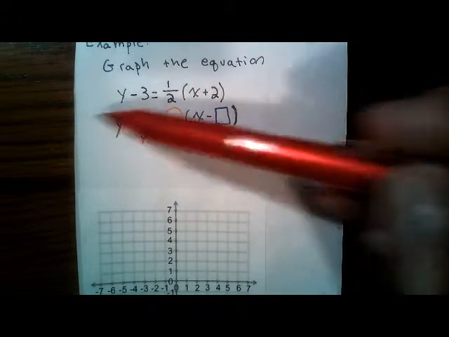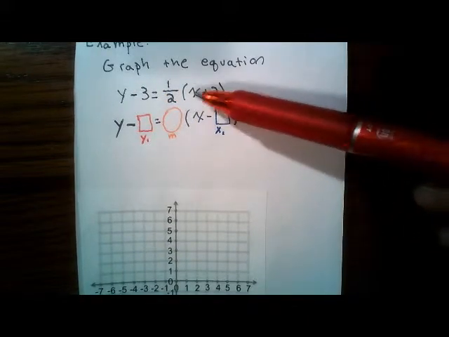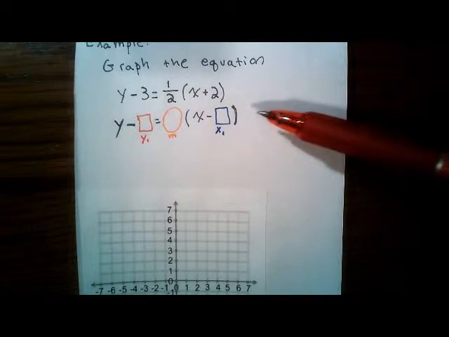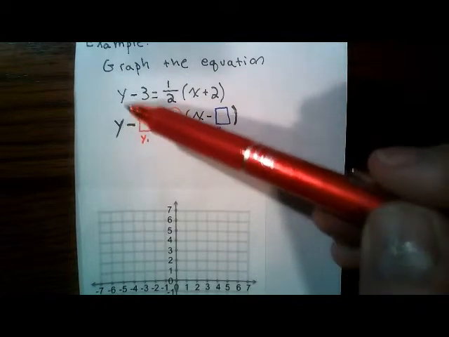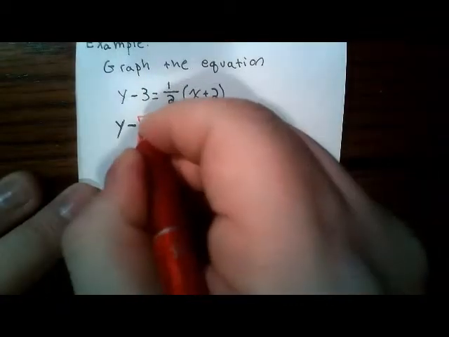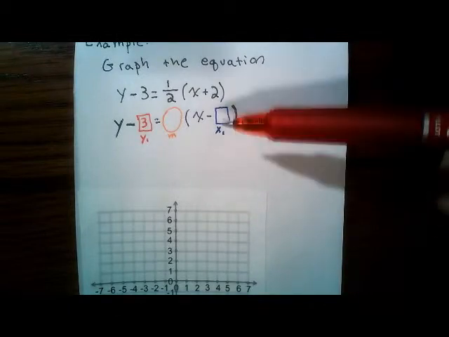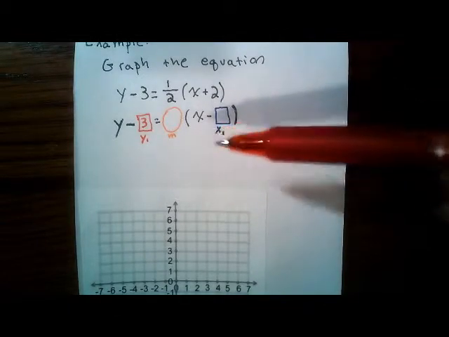So my equation looks like y minus 3 equals 1/2 times x plus 2. Right, so I already have the y minus, so really just the number 3 here. So we're kind of doing the boxes in reverse. We're given the numbers, we have to fit them in the boxes now.